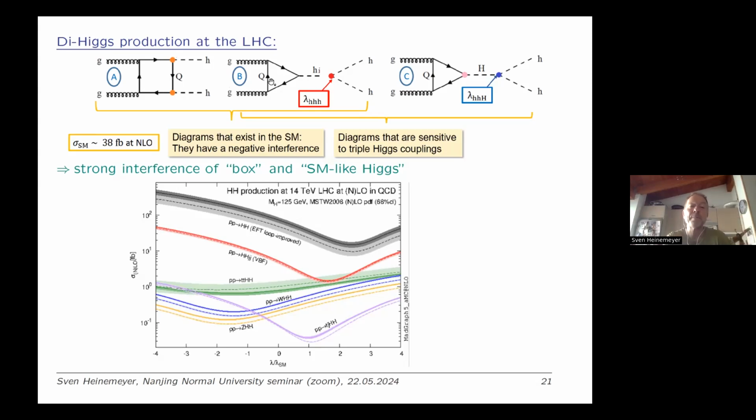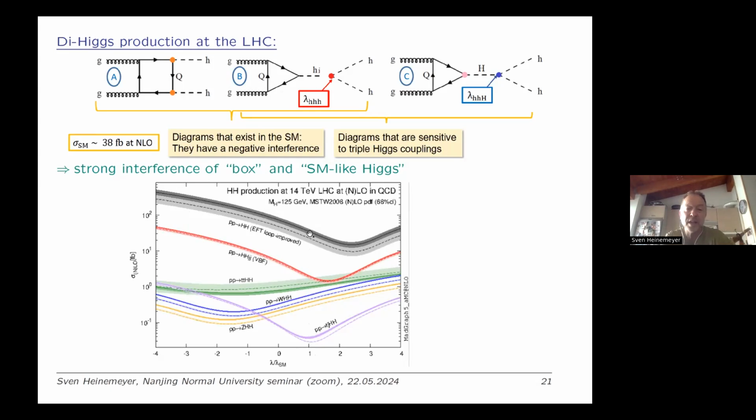And of course, we have to sum them up, and there is a destructive interference between the two. This results in the cross-section in di-Higgs production being much lower than, for example, single Higgs production because of this destructive interference. And this is shown in this plot. This is the cross-section as a function of kappa lambda. Kappa lambda equal to 1 is the standard model, so we live here, this is the gray curve.